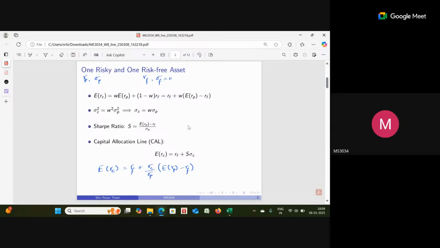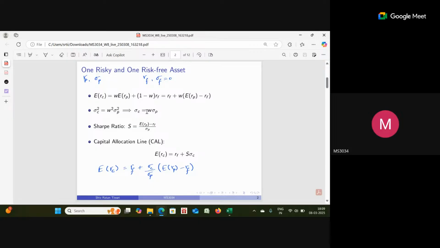That is what we want, because we will be doing our visualization in mean and standard deviation form, where the horizontal axis is the standard deviation of the portfolio's return, and the vertical axis is the expected return of the portfolio.